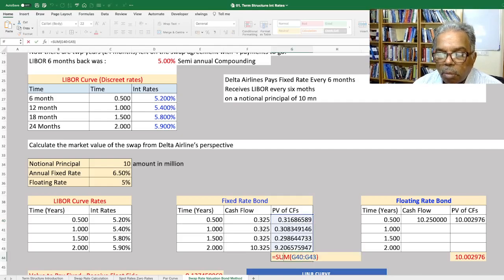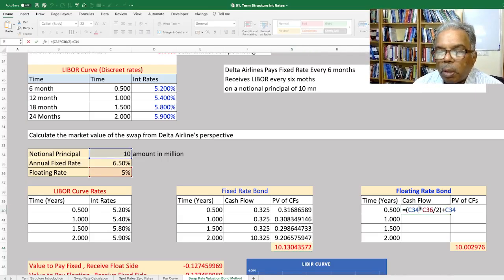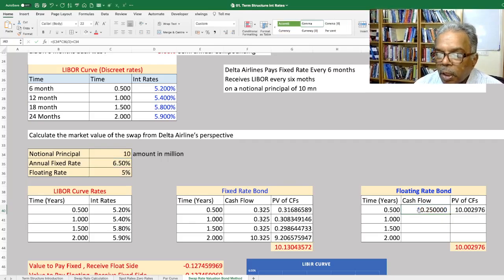Add the sum of all the discounted cash flows, and it will give you the value of the fixed rate coupon bond. For the floating rate coupon bond, we only take the one next payment, that is, the previous LIBOR divided by 2 times the principal, plus the principal as the cash flows.